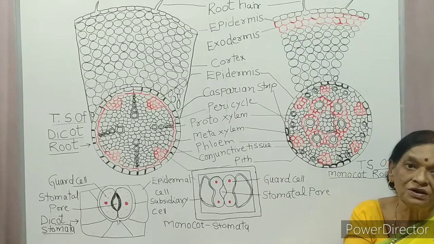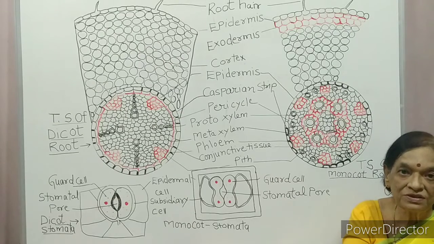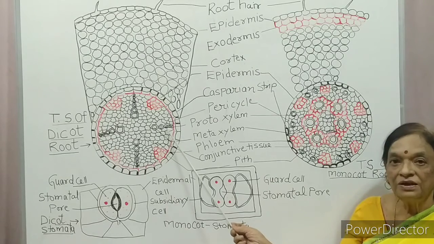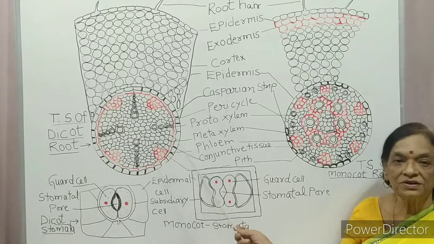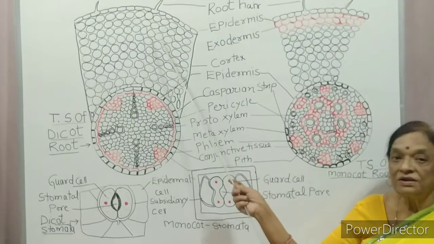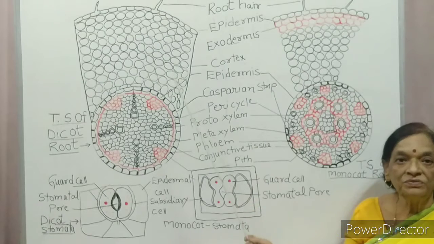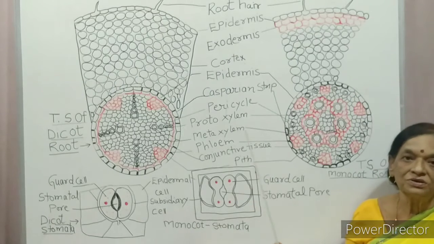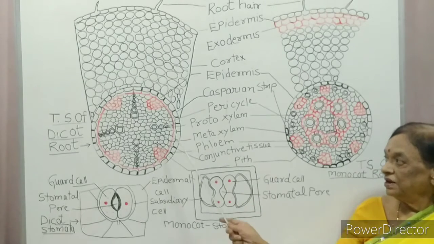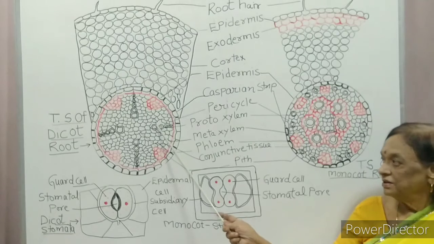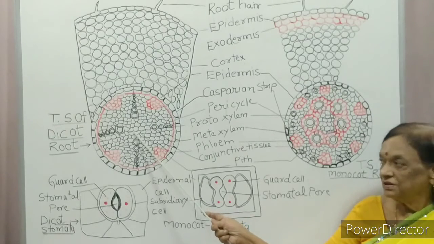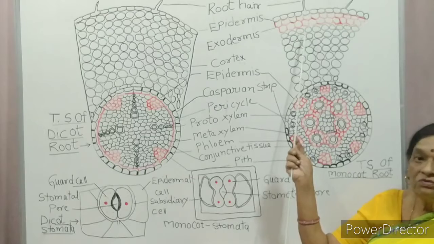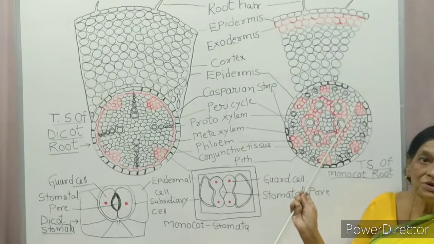So it is called exarch protoxylem. Exarch means external. Protoxylem is external. So these are characteristics of dicot root: tetrarch stele, small pith.